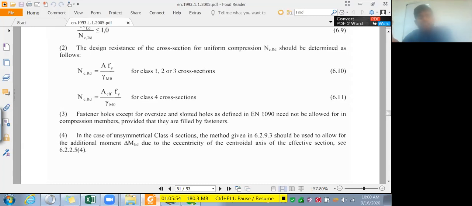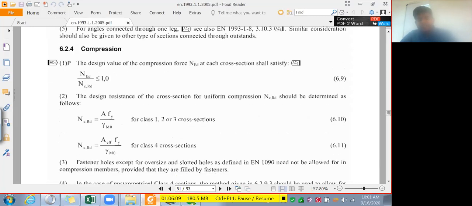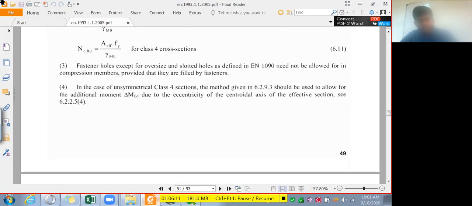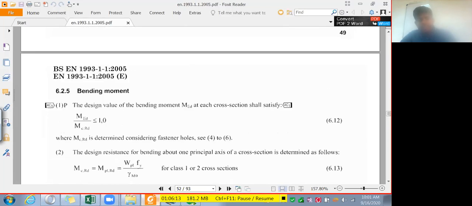In the case of unsymmetrical class 4 sections, the method given in 6.2.9.3 should be used to allow for the additional moment delta MED due to eccentricity. So that is a check.